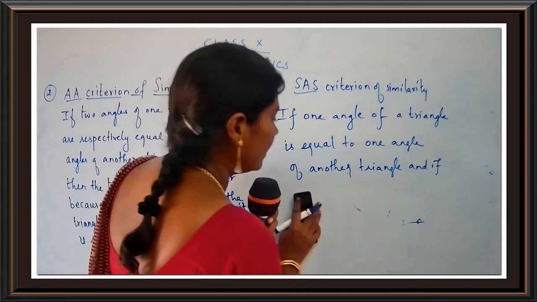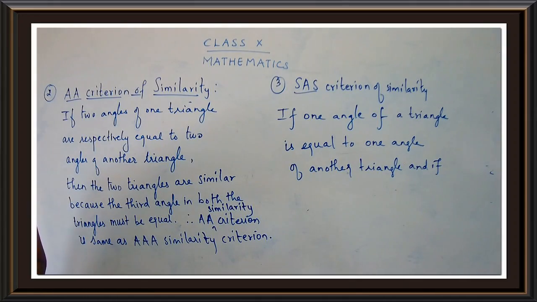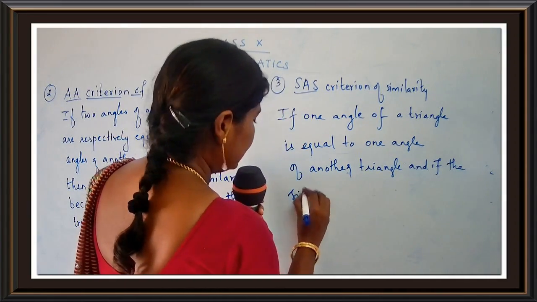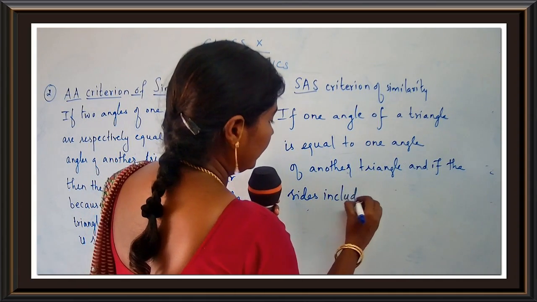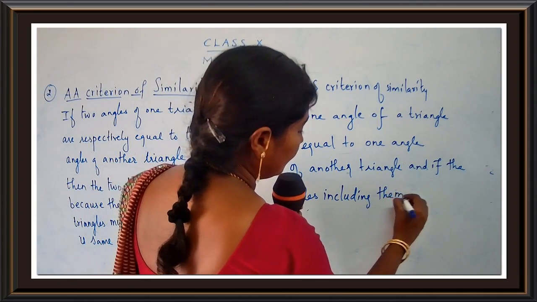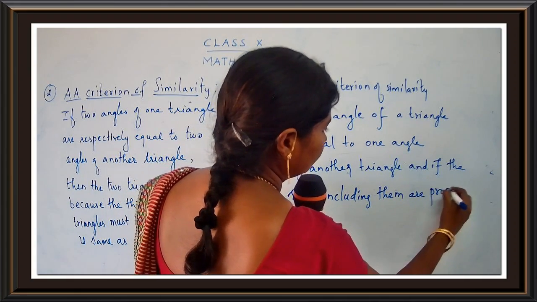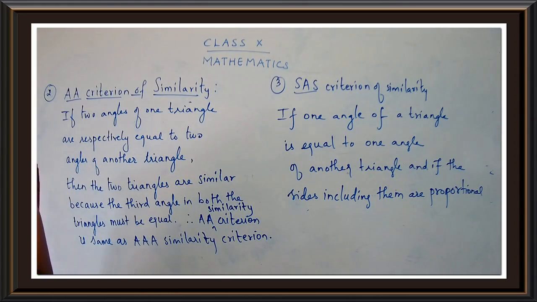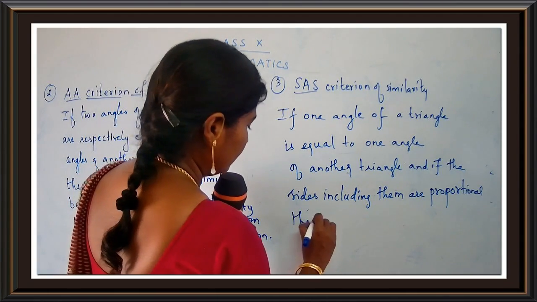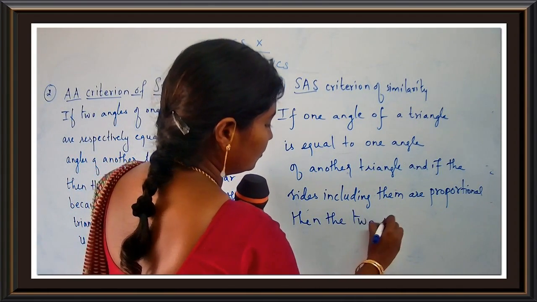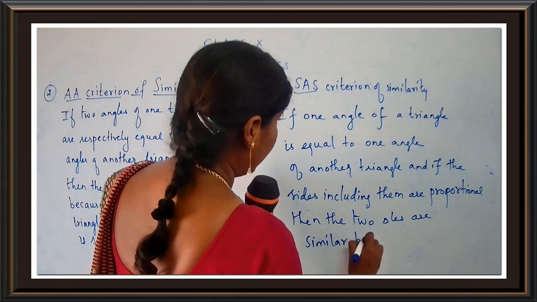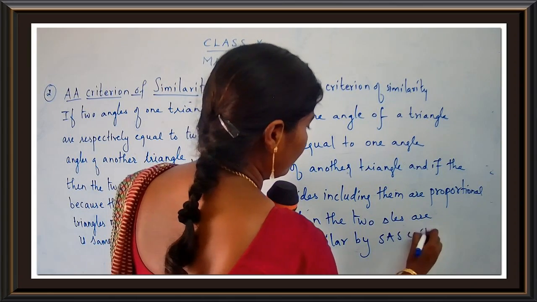Okay, so write down: if the sides including them are proportional, then the two triangles are similar by SAS criterion of similarity.